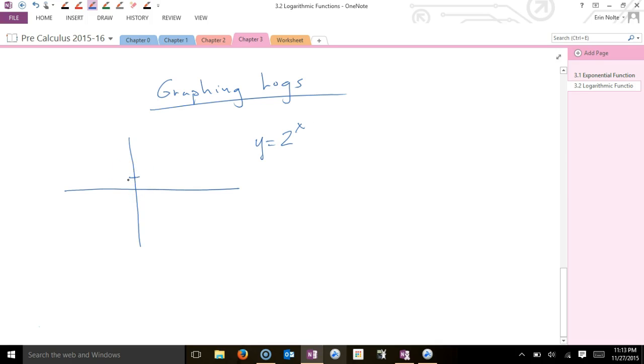And then the 2 tells me it's a growth. So I basically just draw this growth that goes like that, right? So there is an asymptote. Where is my asymptote, by the way? Okay, so I have a horizontal asymptote at y equals 0. And that's important to understand.